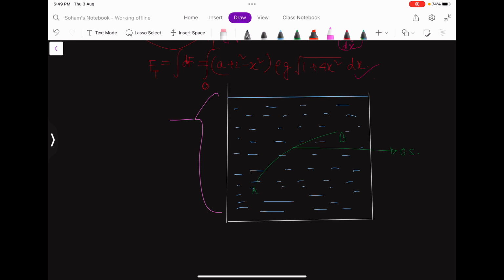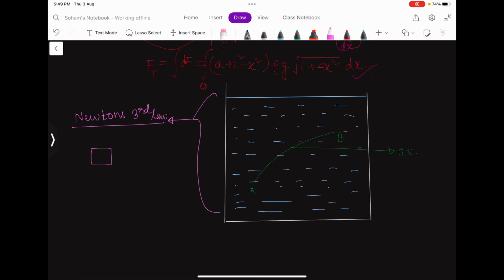If I apply Newton's third law, if two bodies are in contact, let us say body A and body B, and A is fixed, and now I am putting some force F here.